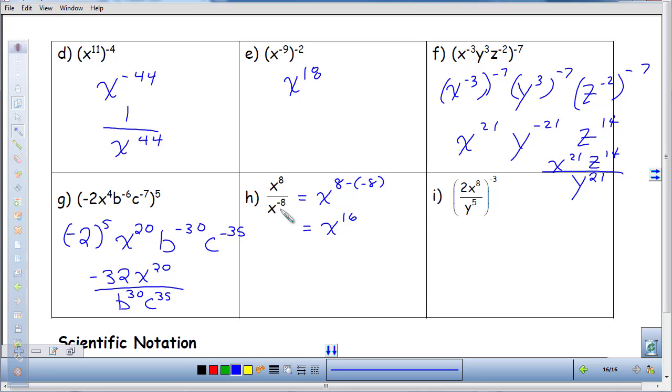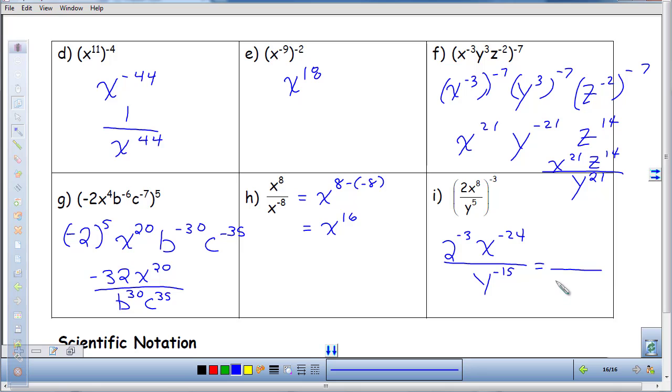Okay. All right, and then in I, we've got 2 to the negative 3, x to the negative 24, and y to the negative 15. Okay, and so this is going to give me, well, I'm going to flip everything because everybody has negative exponents.